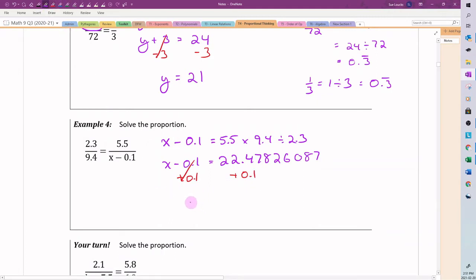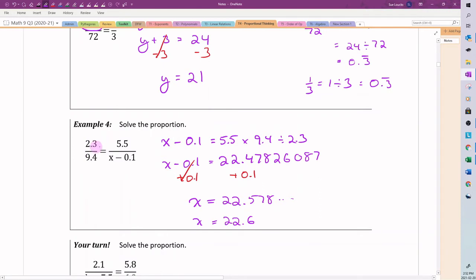Well, on the left side, I have x, and on the right side, I already have this 22.478 blah blah. In my calculator, I just need to hit plus 0.1, and I get 22.578 ... which I'm then going to round to 22.6.